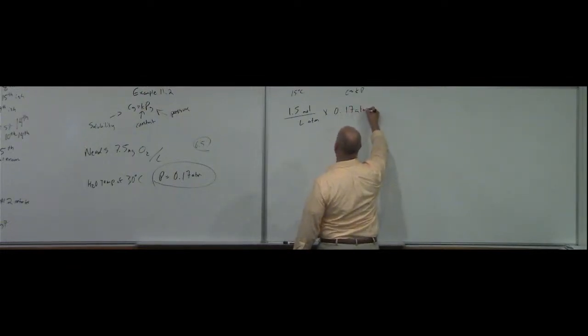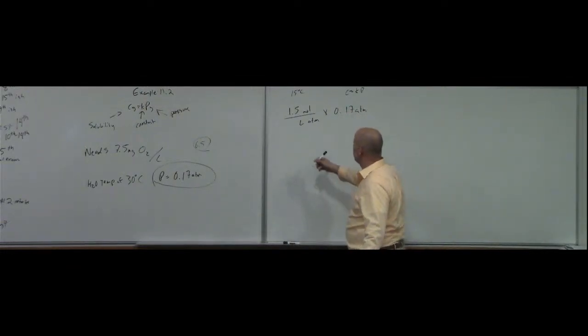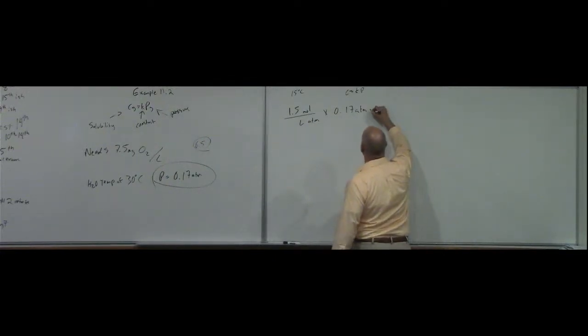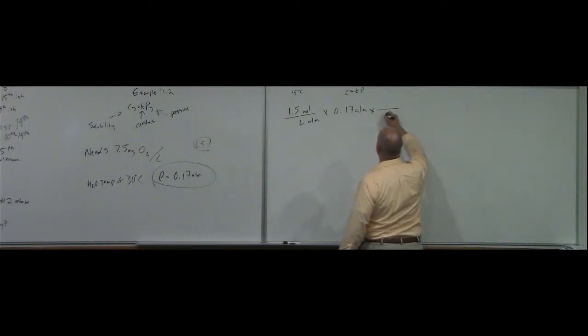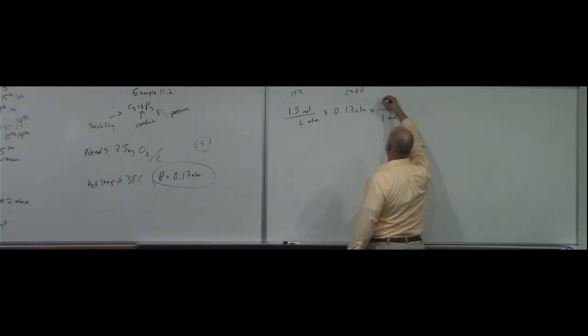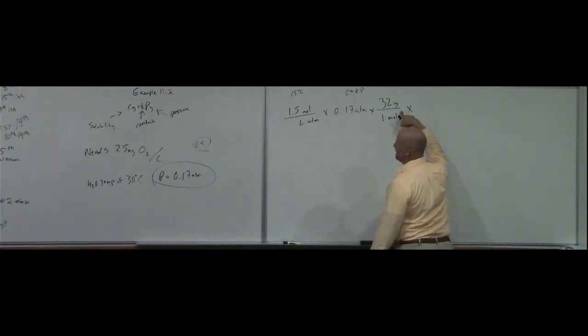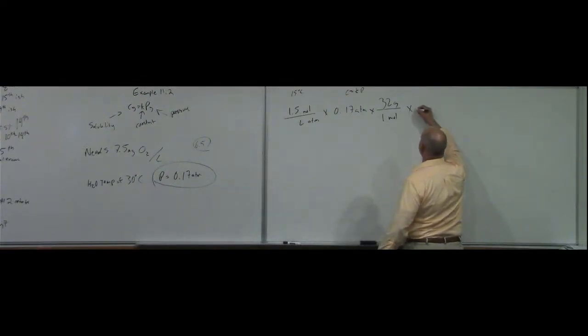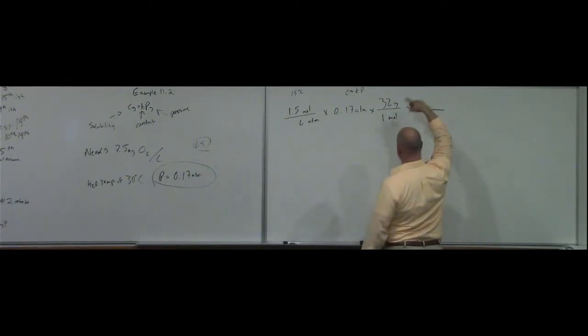0.17 atmospheres. Now, I again have to convert from moles to grams, so I'm going to multiply that by my molar mass. 1 mole of molecular oxygen is going to be 32 grams per mole, and I need it to get into milligrams.